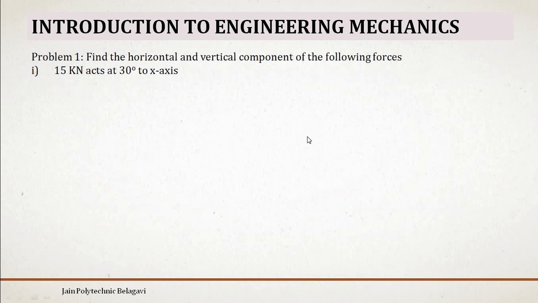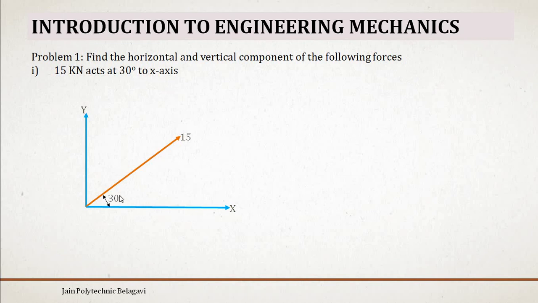Now we will concentrate on one of the problems taken in this video. Problem number one: find the horizontal and vertical component of the following forces. 15 kilonewton acts at 30 degrees to the x-axis.